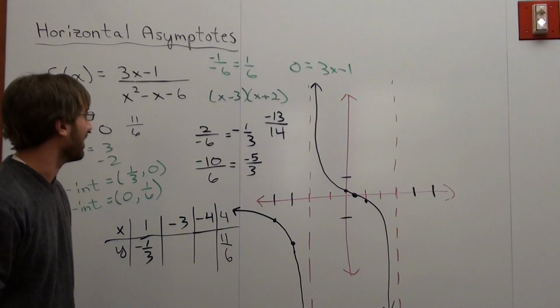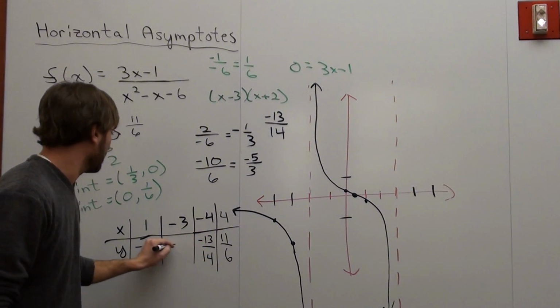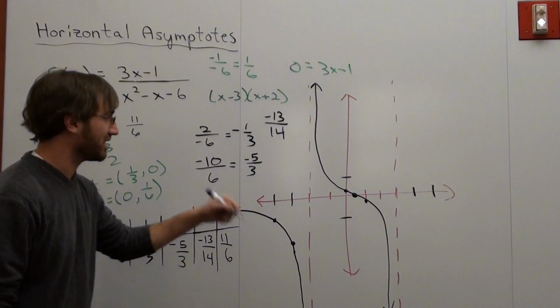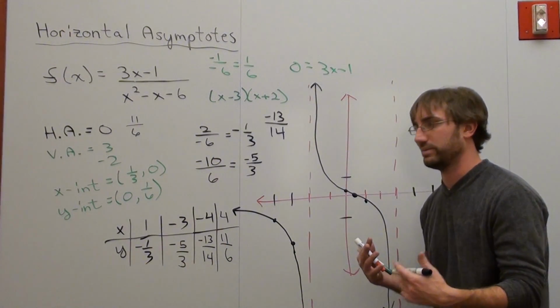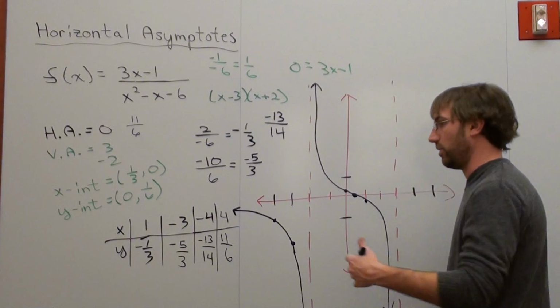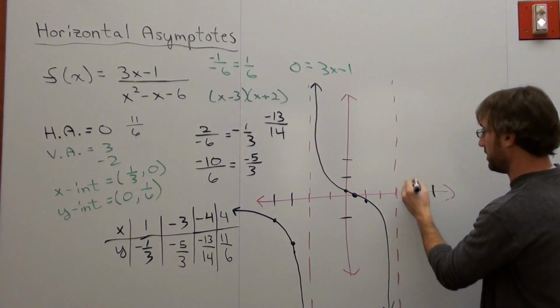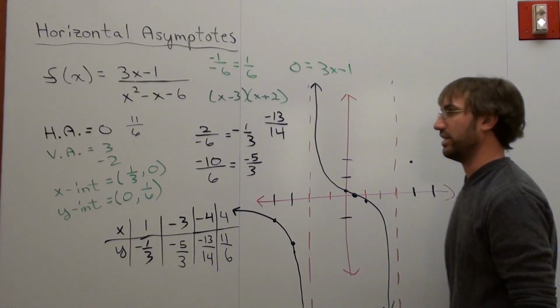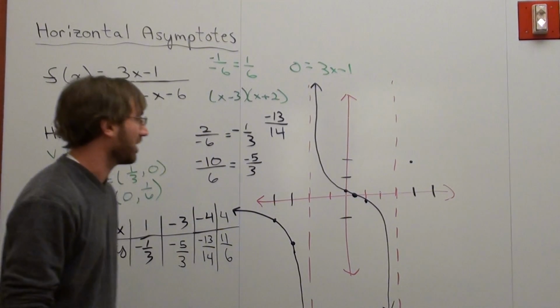I should have put in these values too: negative 13 over 14, negative 5/3. So 11/6 is almost 2. It's like 1.8 something. I'm going to say like 1.83, but I could be wrong.